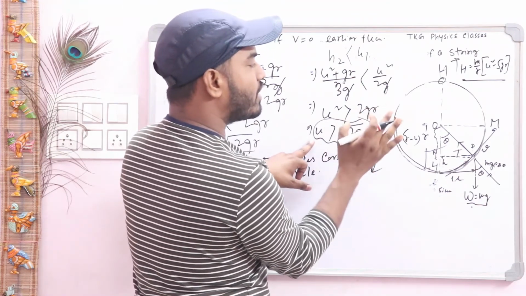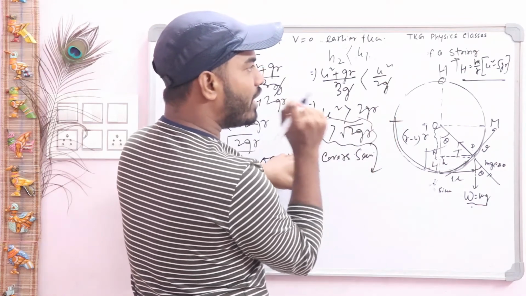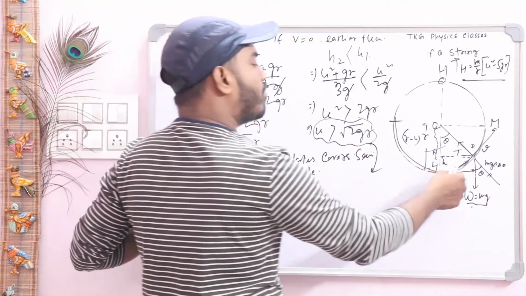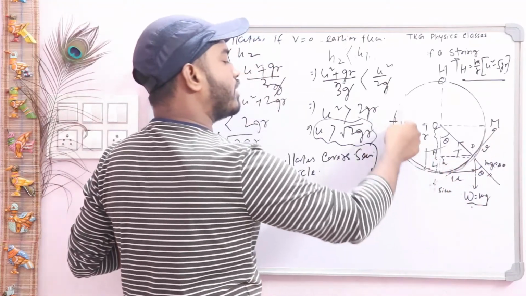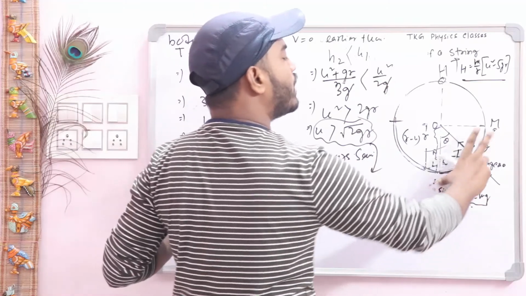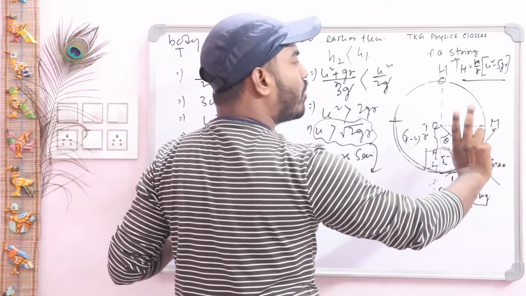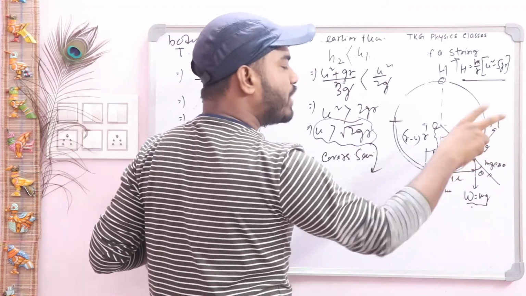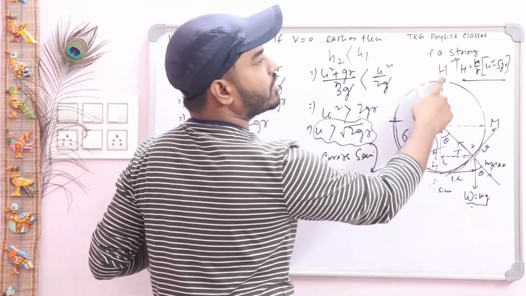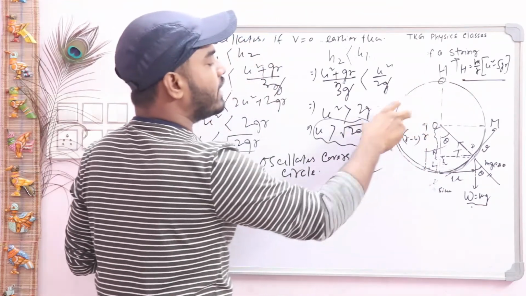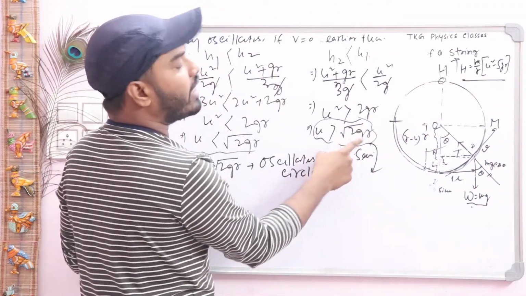That means you just think, when velocity u is equal to root under 2GR, the body completes this semicircular path. That means up to L to L there is no condition where the body leaves. The body leaves between M to H, and this happens when the velocity is more than root under 2GR.